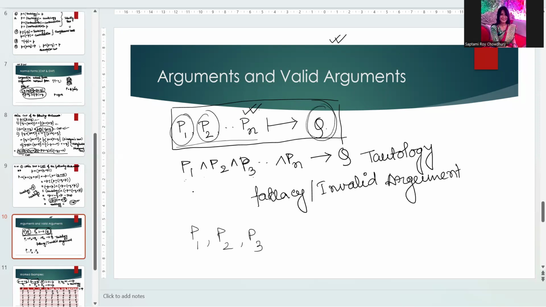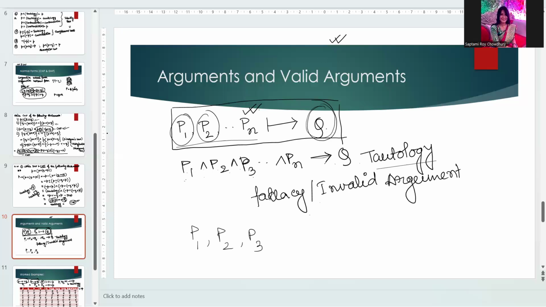That means on the basis of these, you are validating this one. That's why P1 conjunction P2 conjunction P3 implies Q. If this function is a tautology, then we call it a valid argument. If it is false or a contradiction, we call it an invalid argument.